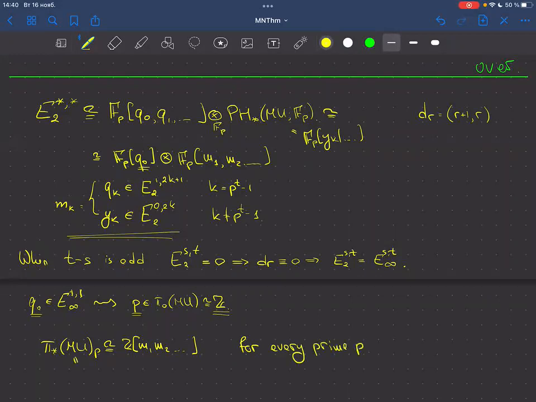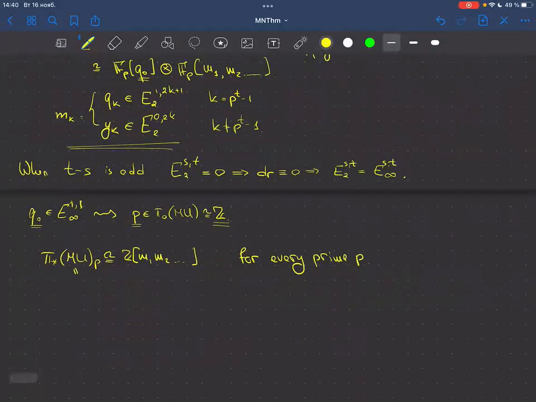So recall that this is a subgroup of pi_* of MU, the subgroup consisting of elements whose order is either infinity or a power of p.